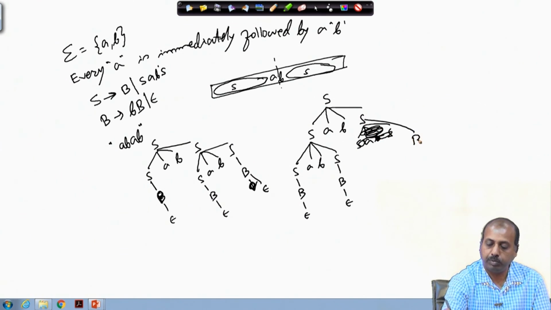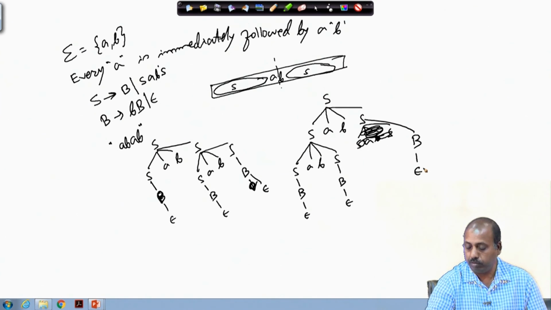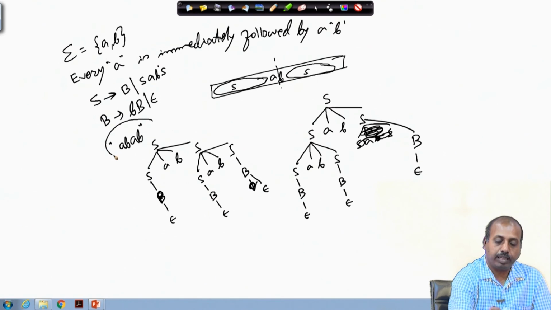So, this can give me B followed by epsilon. So, that way we can have two different parse trees for the same string A B A B.